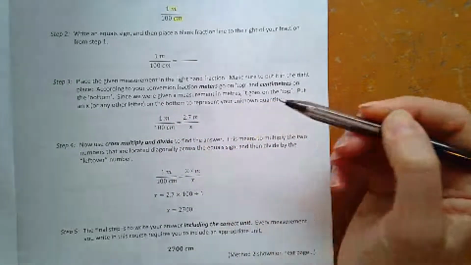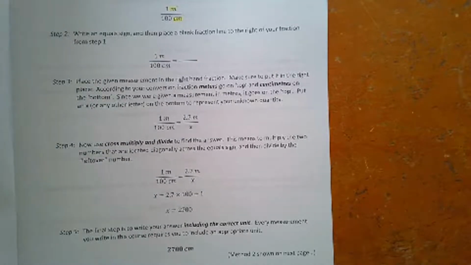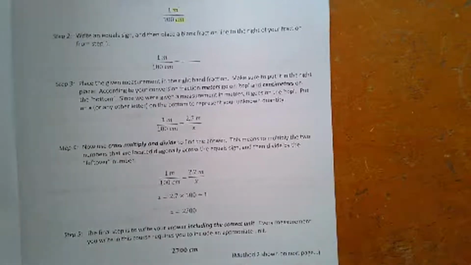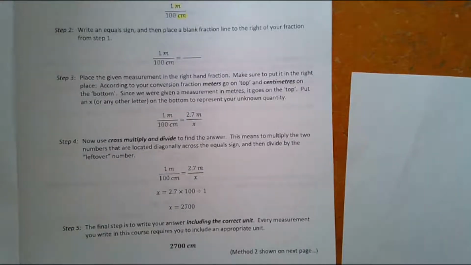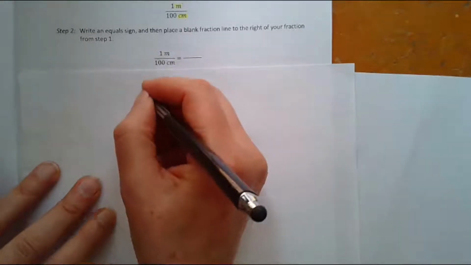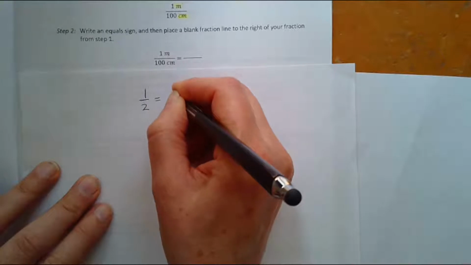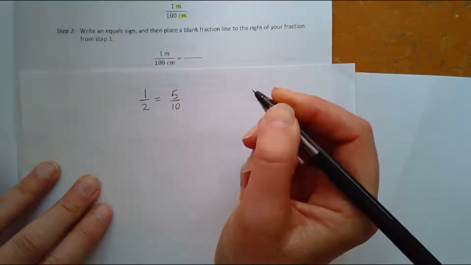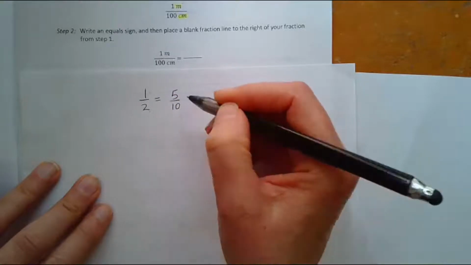I don't know if you realize this, but I'm just going to show you something else. In a cross multiply, I'm going to give you an example. Everyone knows that 1/2 equals 5 out of 10, right? They're the same fraction. That means that 1 divided by 2 equals 5 divided by 10.